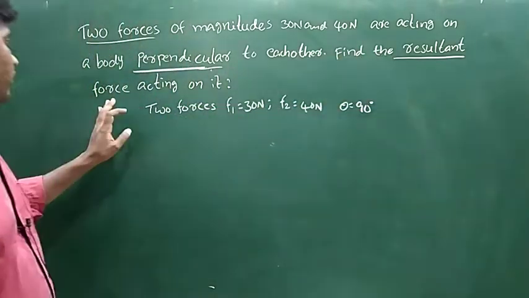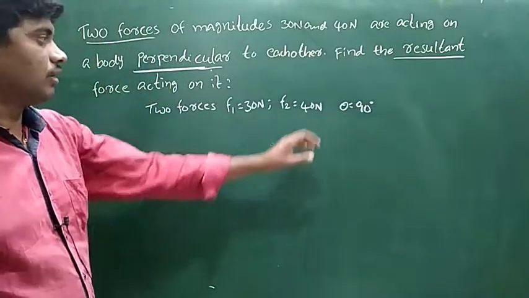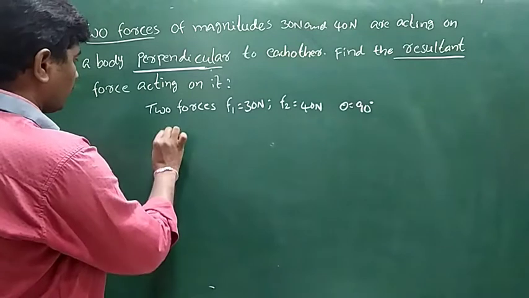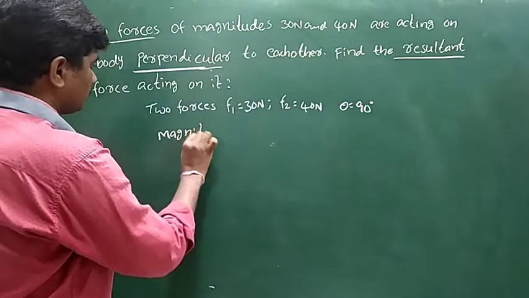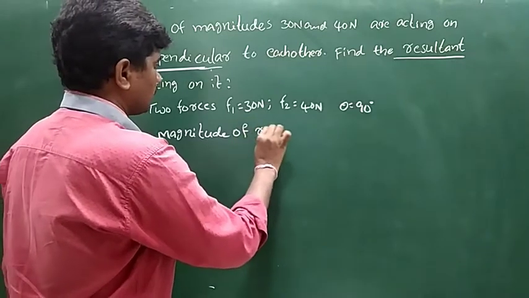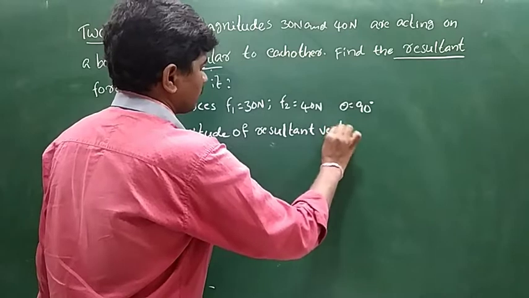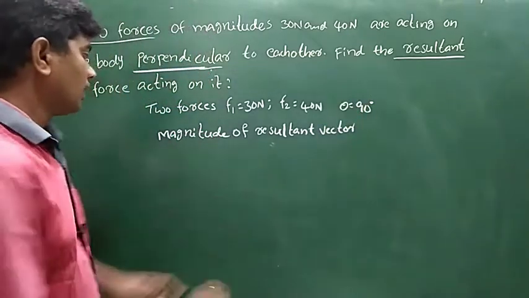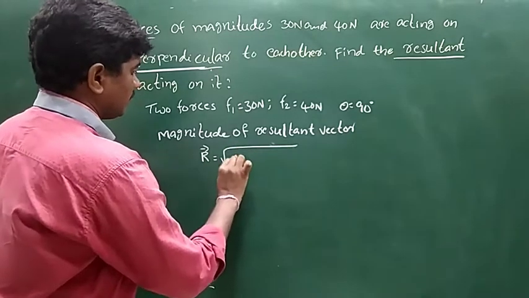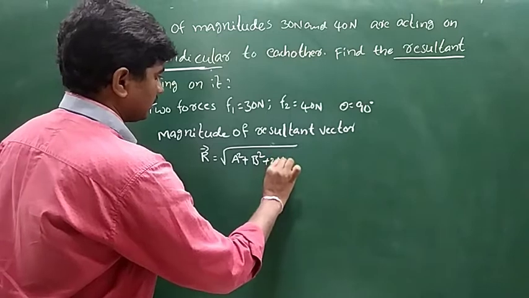Find the resultant force acting on it, its magnitude and direction. First of all, find the magnitude of the resultant vector. The formula is R equals the square root of a squared plus b squared plus 2ab cos theta.